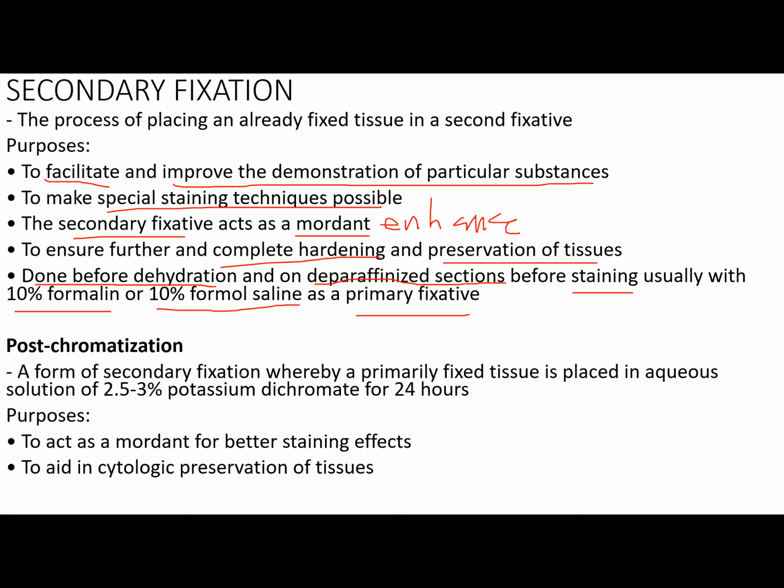This is a form of secondary fixation whereby a primarily fixed tissue is placed in aqueous solution of 2.5 to 3% potassium dichromate for 24 hours. So, post-chromatization is similar to fixation. But this time, you will use 2.5% to 3% potassium dichromate.